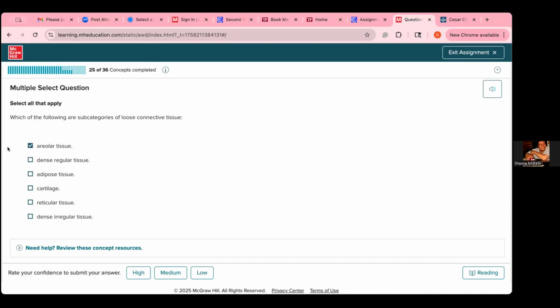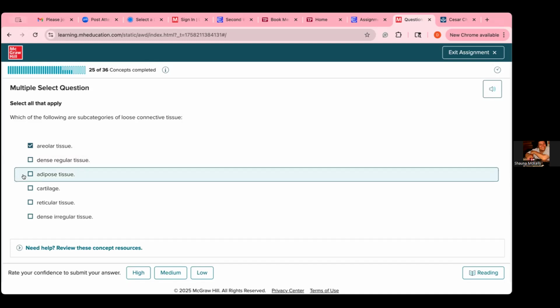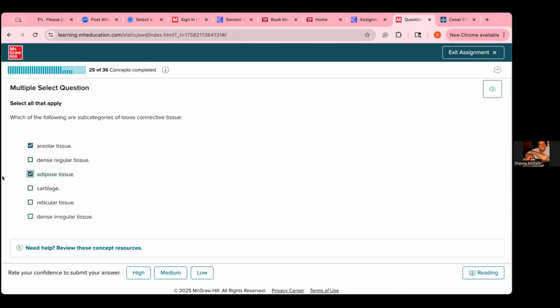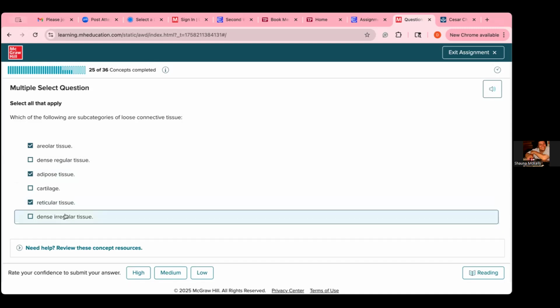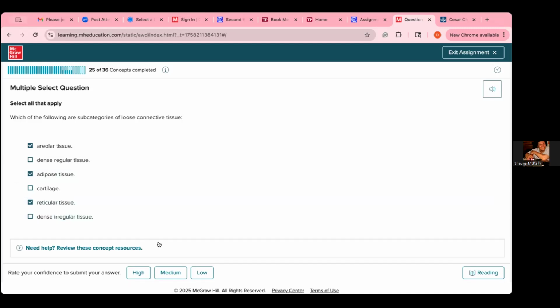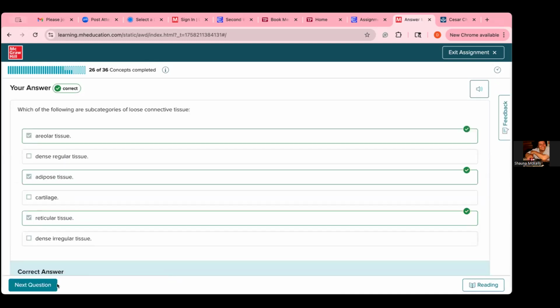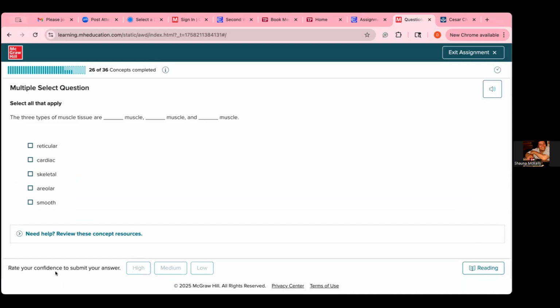Areolar, adipose, and reticular are the three. So adipose tissue and reticular tissue, those three. They're all loose connective tissue. Okay.